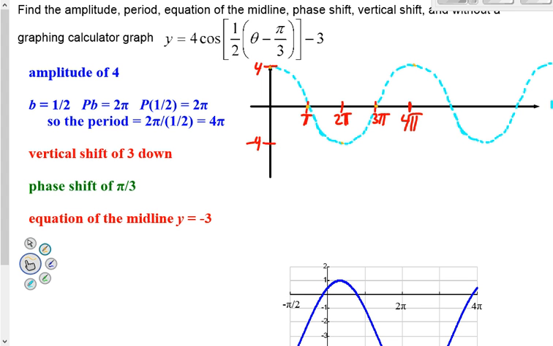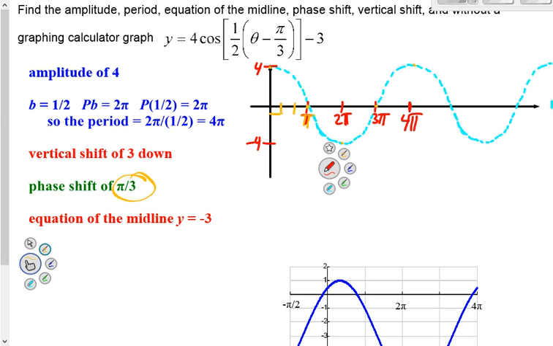So all these little gold points, I need to move my phase shift, which is pi over 3 to the right. So I need to first of all figure out what pi over 3 is. Well, here's pi. Pi over 3 would be 1/3 of the distance between the 0, 0 and the pi. So I'm going to divide that into about 3 equal parts. So now, this distance right here is how far I need to move all those key points.